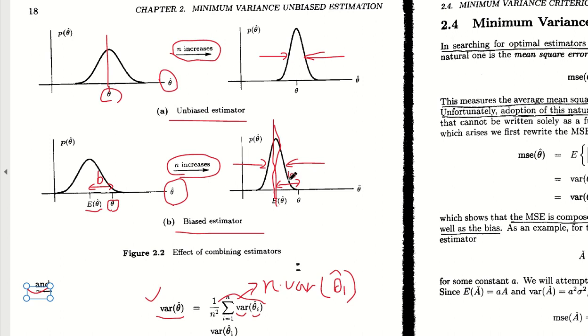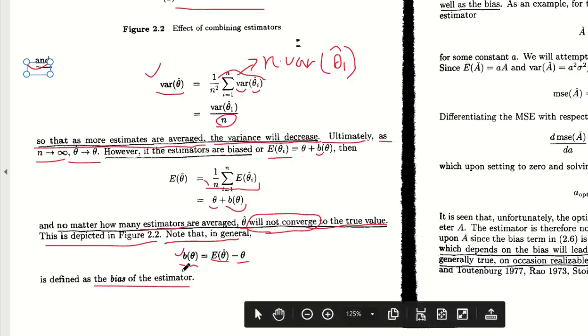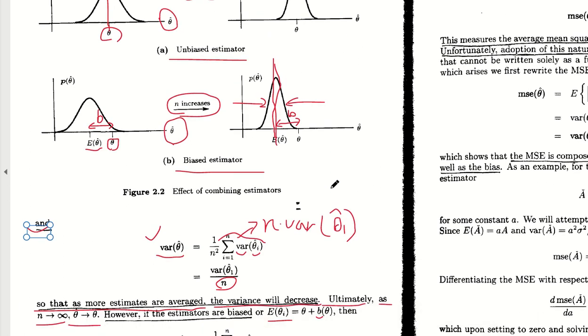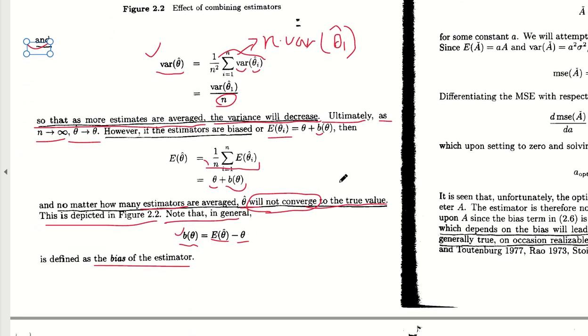It still has deviation, and that deviation doesn't go away with the increase of n. That's the problem. So that bias gives us a lot of trouble because it doesn't just go away. It will persistently exist in your estimate no matter how many you combine. So I think we end the session here.